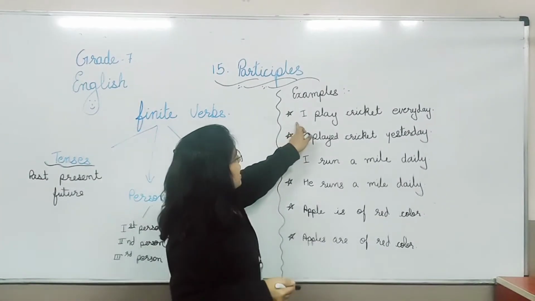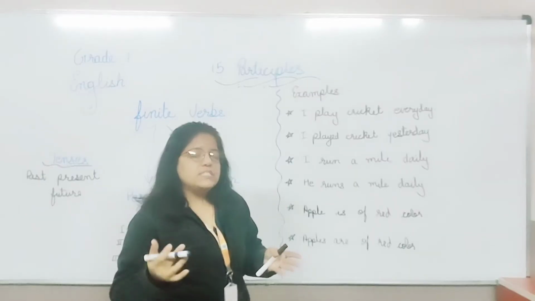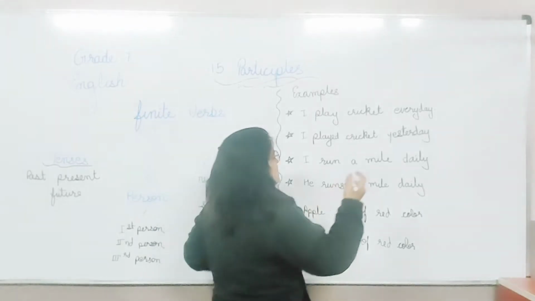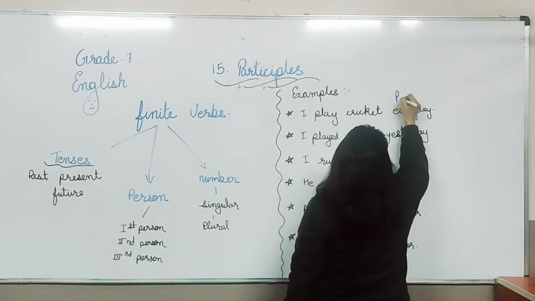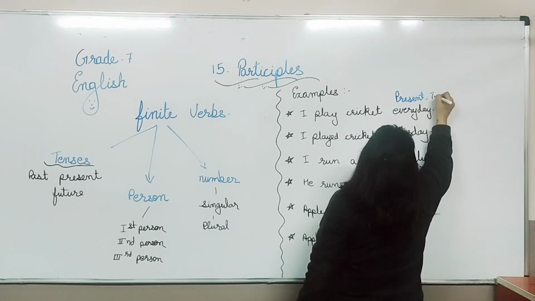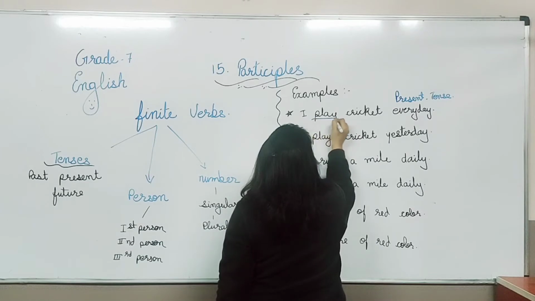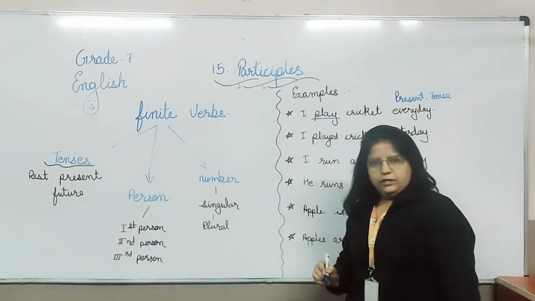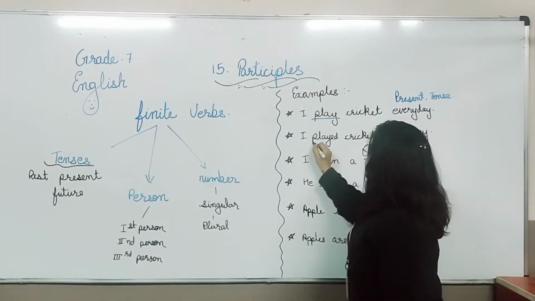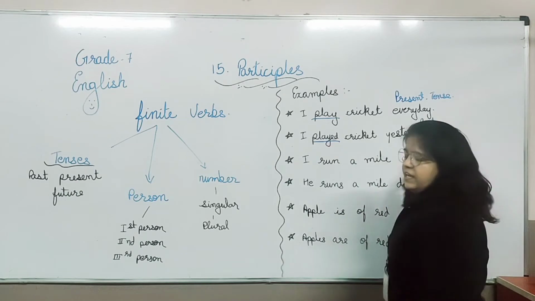Here you can see, I play cricket every day. What do you understand, this sentence is in present tense. Here play is a finite verb, whereas the second sentence is in past tense: I played cricket yesterday.